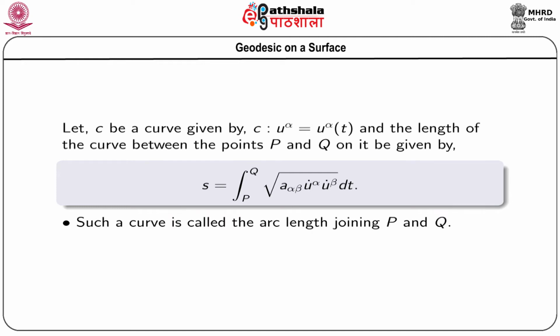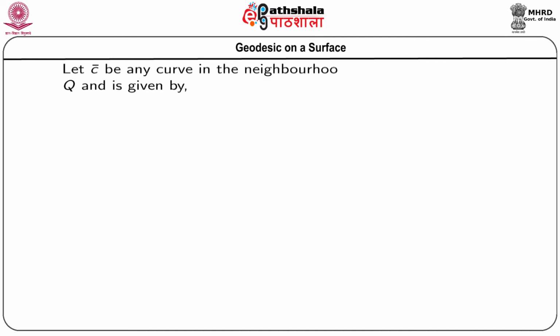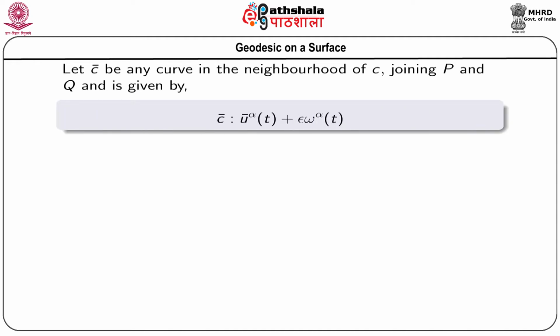This is the formula for arc length on a surface. Such a curve is called the arc length joining P and Q, because the integration has been done between P and Q. Let C bar be any other curve in the neighborhood of C joining P and Q, and it is given by u bar alpha equals u alpha of t plus epsilon omega alpha of t.